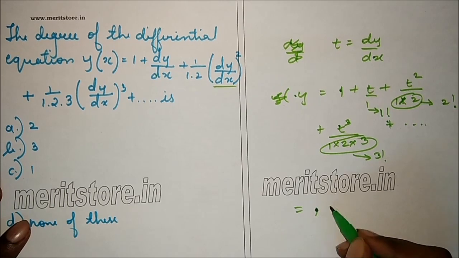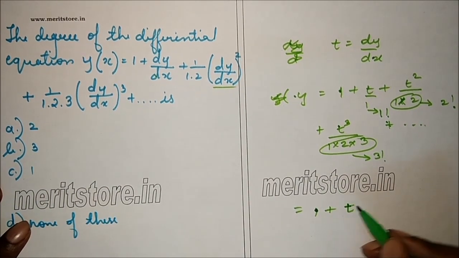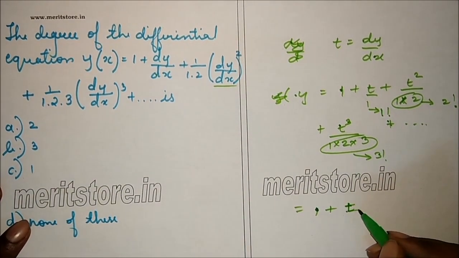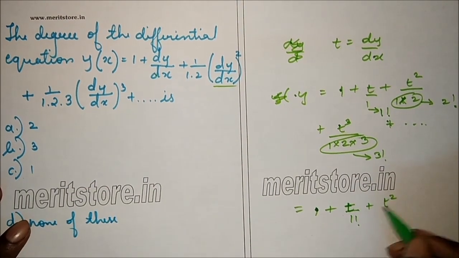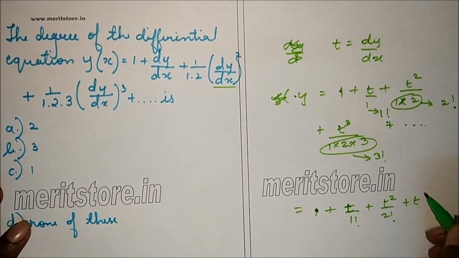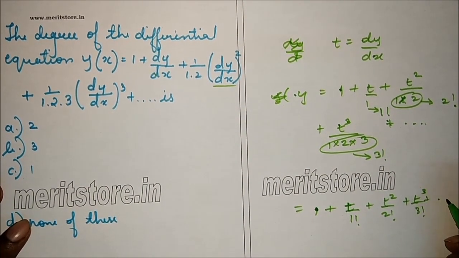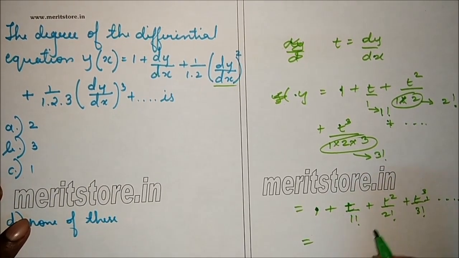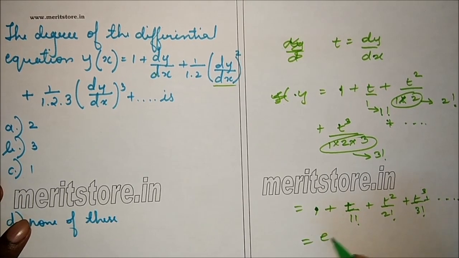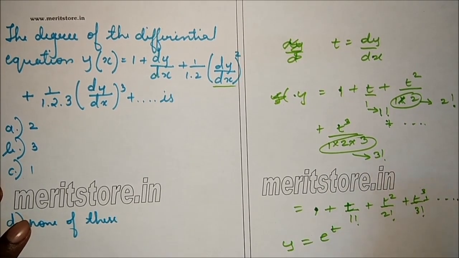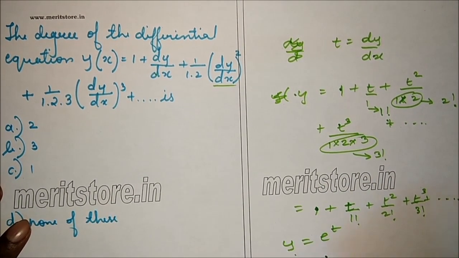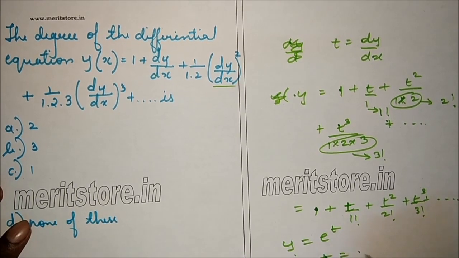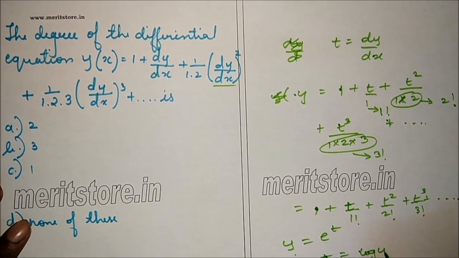This is in the form of 1 + t/1! + t²/2! + t³/3! up to infinity. So this is the series for e^x, that is e^t. So y is e^t. Therefore t will be log y.